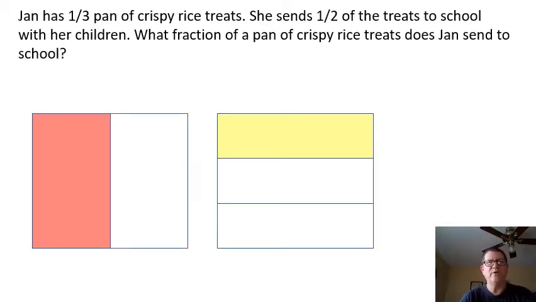Okay, Jan has 1/3 pan of Rice Krispie treats. She sends 1/2 of the treats to school with her children. What fraction of the pan of Rice Krispies did she send to school? Well, first off, we know that 1/3 is important information, and she sent half of that 1/3 to school, and they want to know what fraction of the pan was sent to school. All right, now you can see that I've already got models set up because here is 1/2 and here's 1/3.